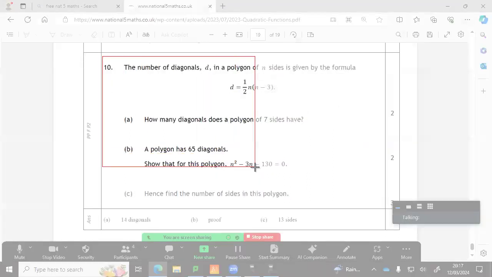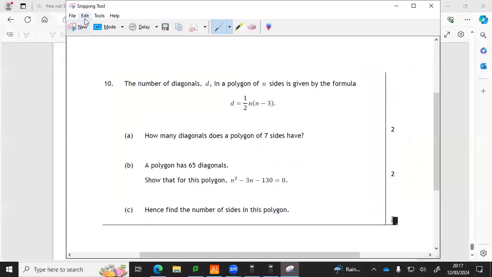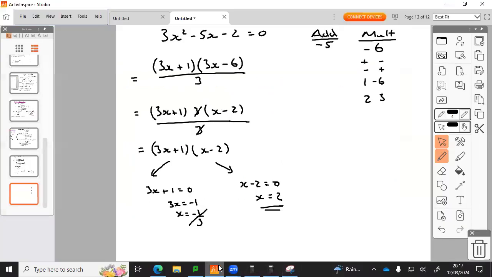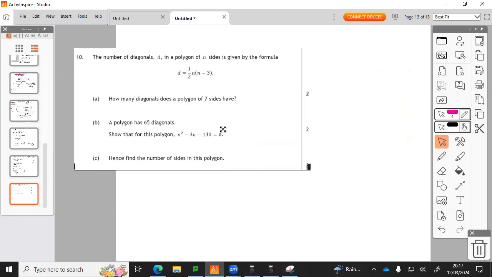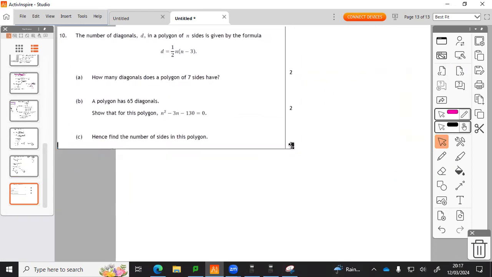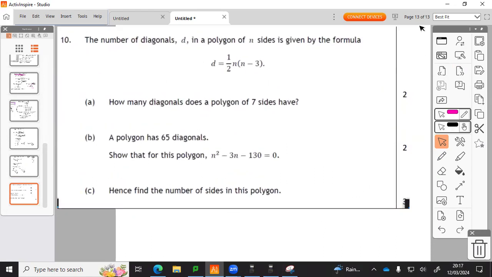Try it. Don't be thrown by the change in letters. Read it, put in the numbers, try and make sense of it. This will be the last one we do. I'll give you a couple of minutes just to try and make sense of what that formula is actually saying.